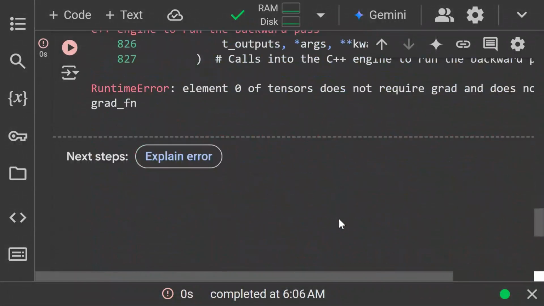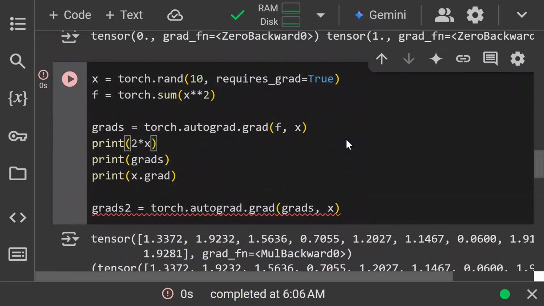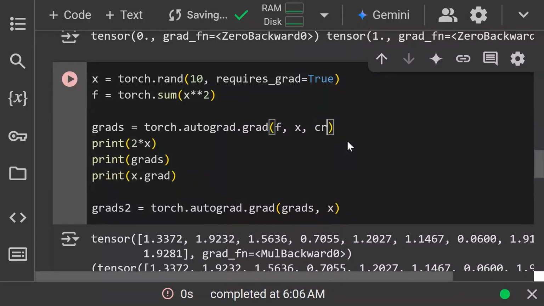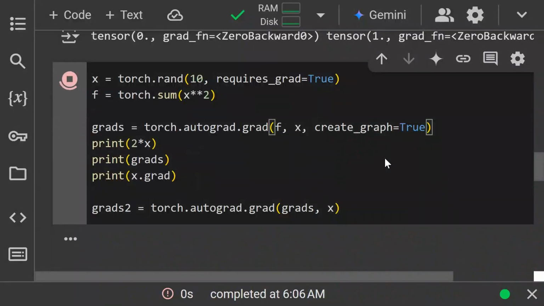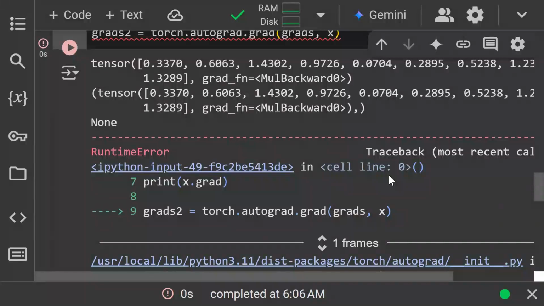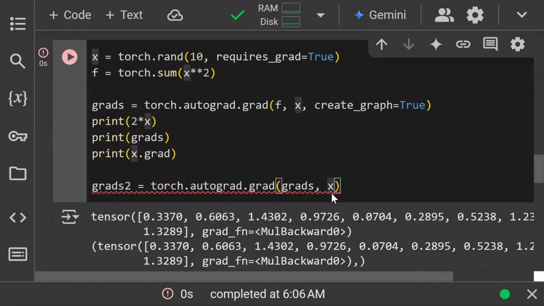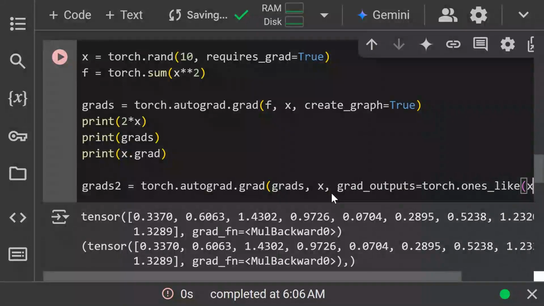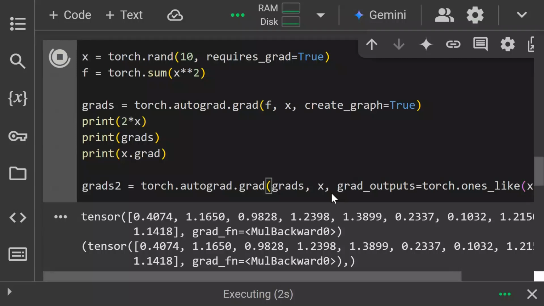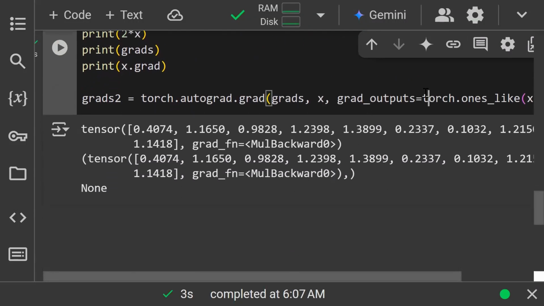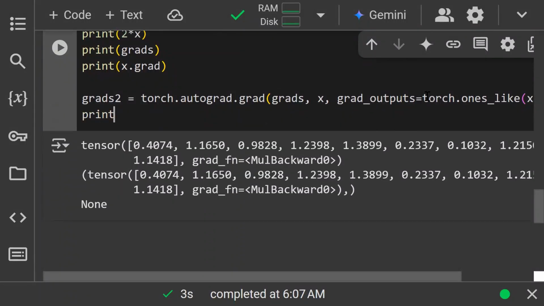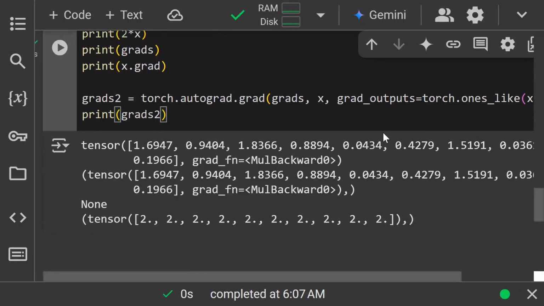Actually, grad outputs. Bear with me. Yes.